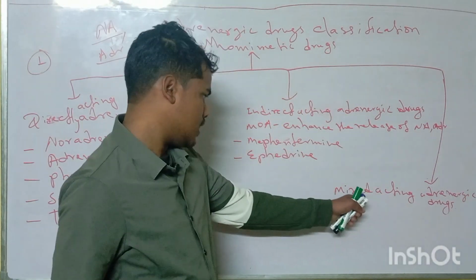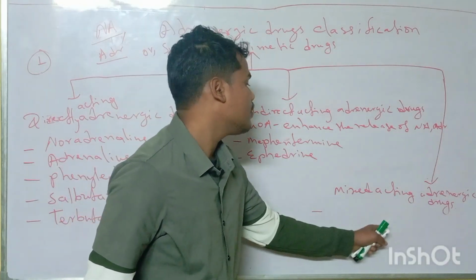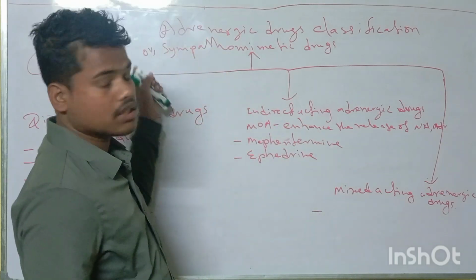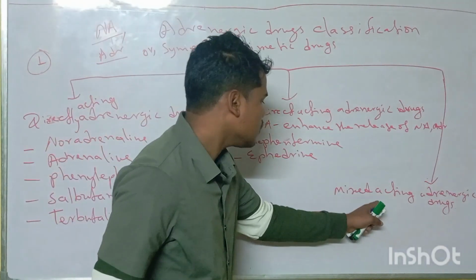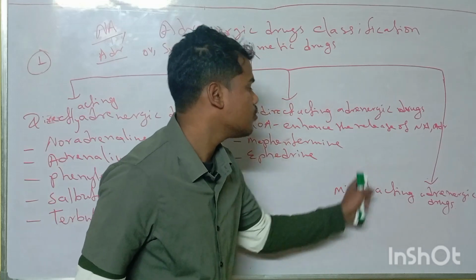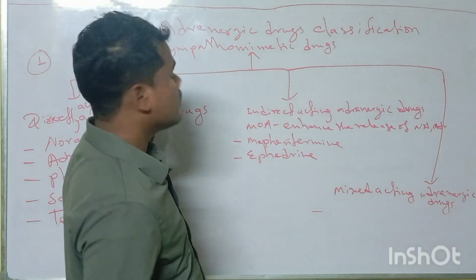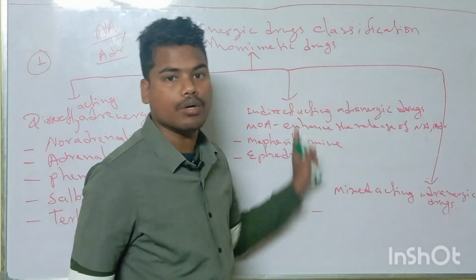And what will be the examples of mixed acting adrenergic drugs? Why are they called mixed acting? Because these drugs can have direct action on adrenergic receptors, and they also enhance the release of noradrenaline and adrenaline and mimic the sympathetic functions.